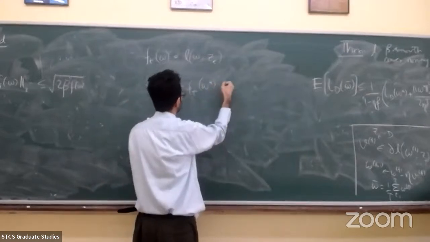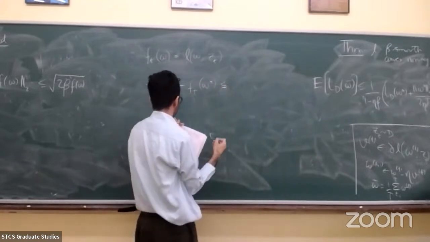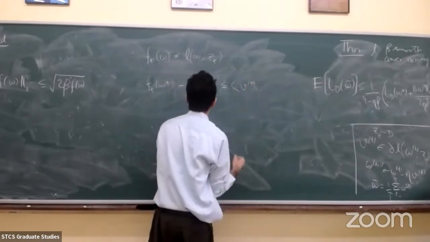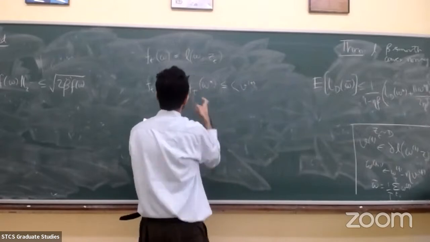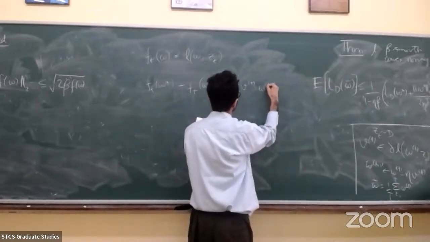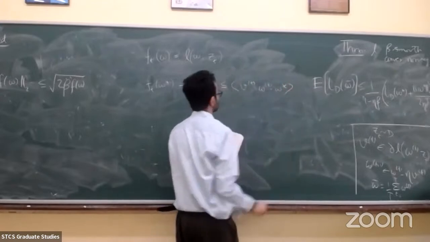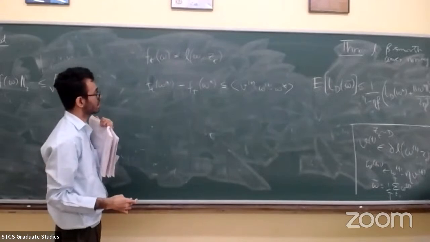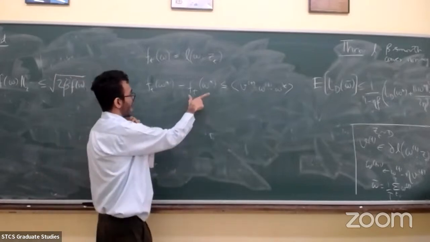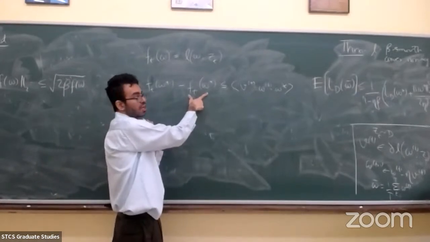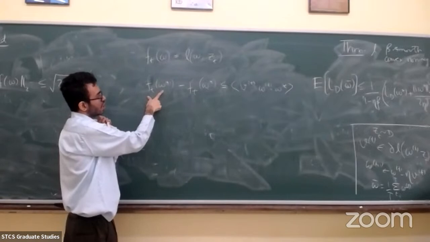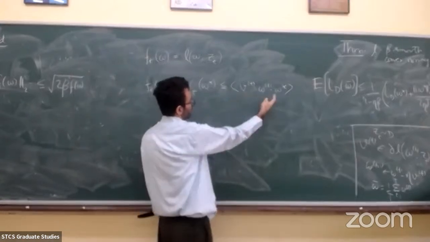This thing is, by convexity of the loss, at most the inner product of v_t with w_t minus w star. This is true because the loss is convex: a convex loss means that f_t of w star lies above the line f_t of w_t plus v_t times w star minus w_t.